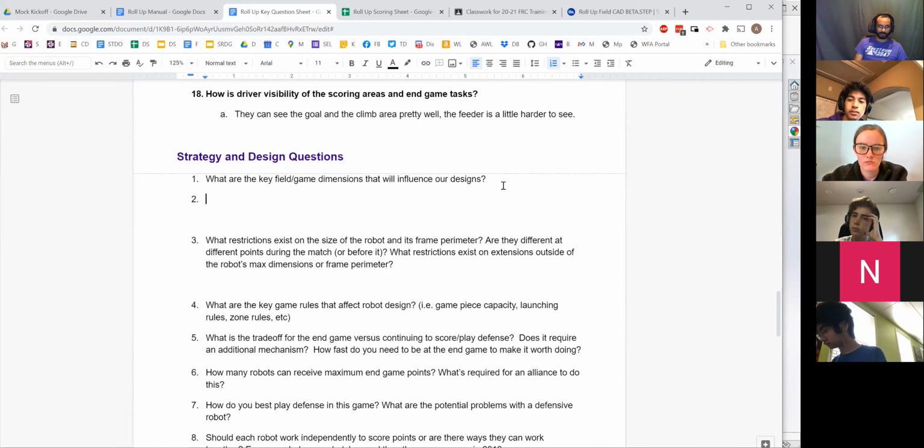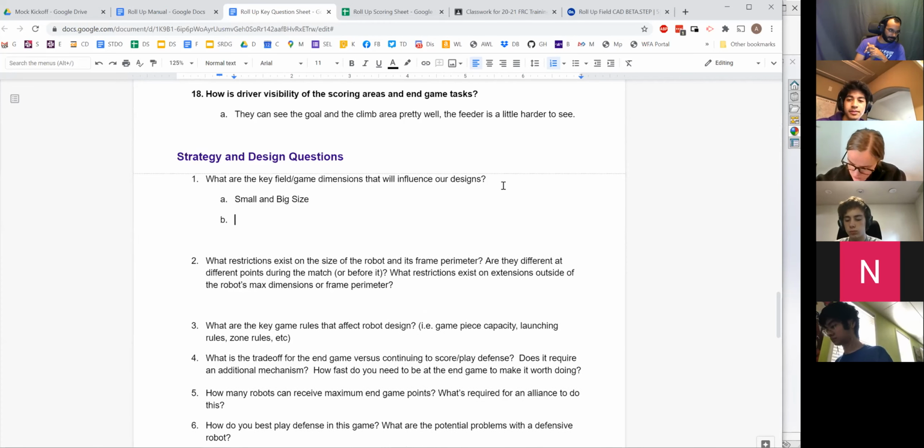Does that make sense? The easiest example is small and big ball size. That's clearly going to be a very critical element to everything we design. We could design a great robot, but if it only works with 6-inch balls and we don't have a 6-inch ball, it doesn't really matter.